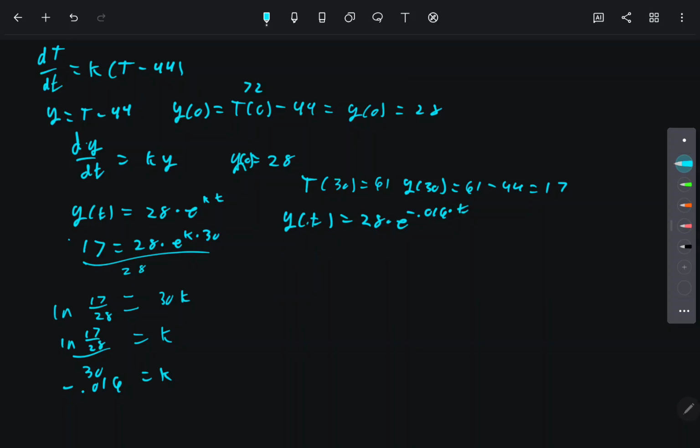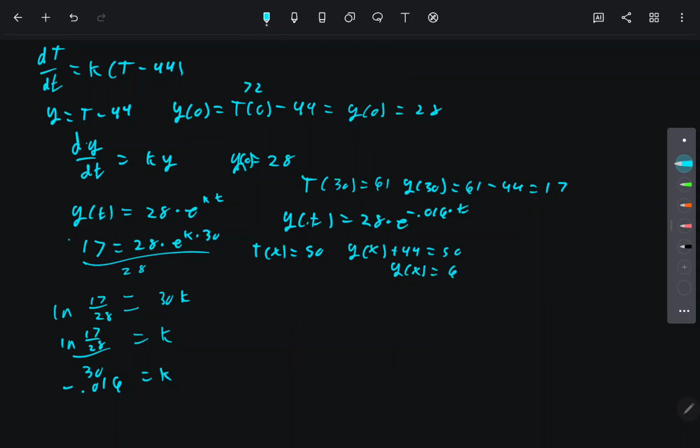Alright. So we want to know whenever this T of x is going to be equal to 50 degrees, which is whenever y of x plus 44 is equal to 50, which means y of x needs to be equal to 6.